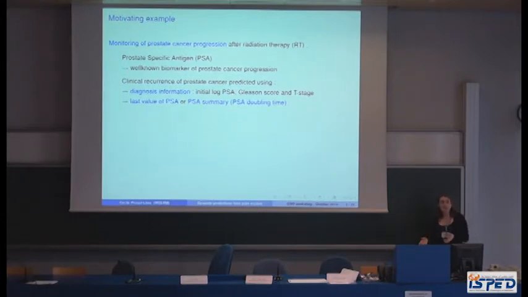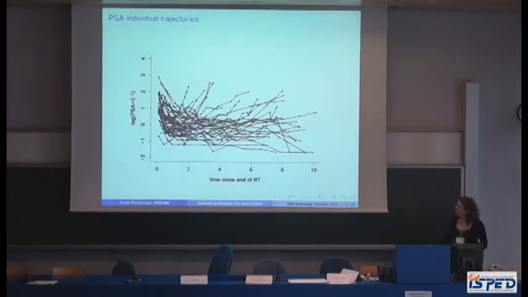And in addition, we can add some information about the PSA dynamics. Usually, that will be the last value of PSA, or a summary of PSA dynamics, such as the PSA doubling time. But if we look at some individual trajectories of PSA over time, where 0 is the end of the treatment for prostate cancer, with the log PSA here, you have individual trajectories.